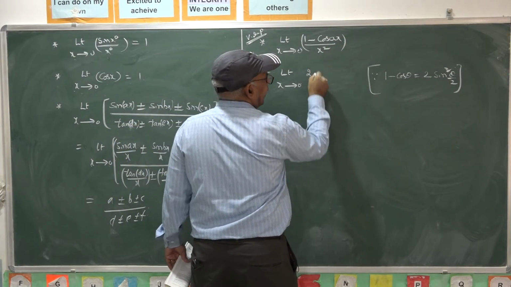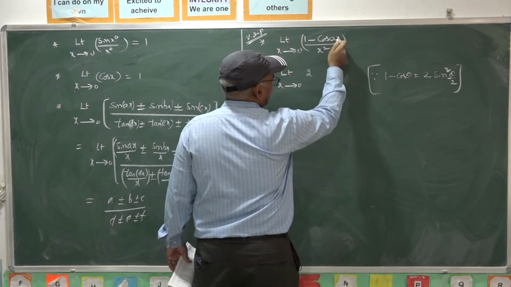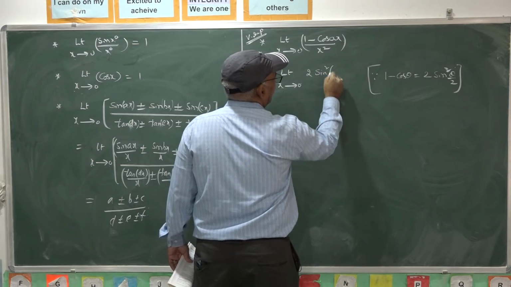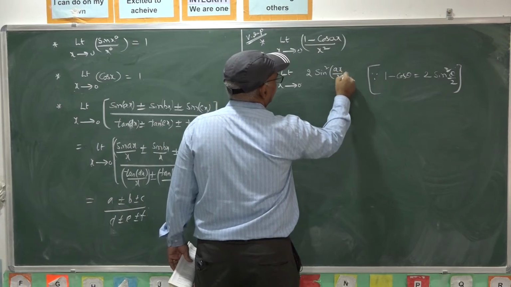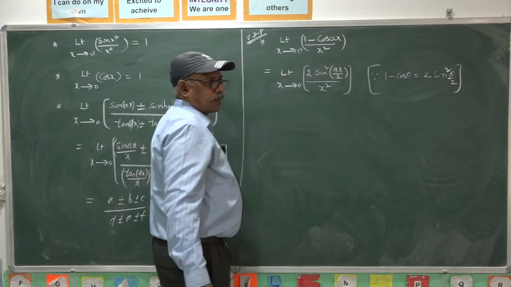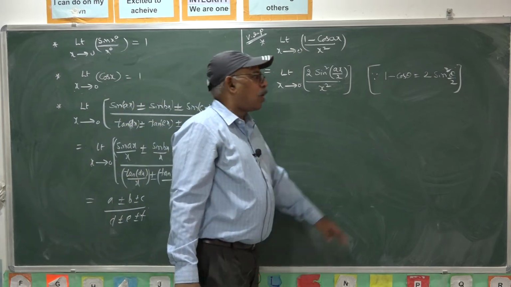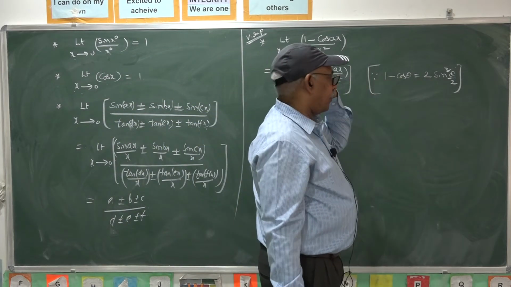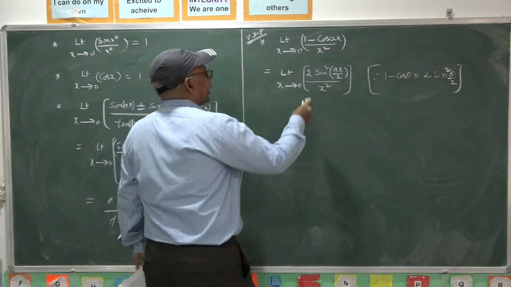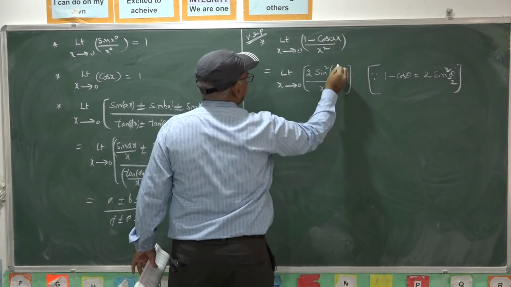So the given limit may be considered as limit as x goes to 0 of 2 sin square of ax by 2, by x square. Based on the half angle formula, you can write 1 minus cos ax as 2 sin square of ax by 2.